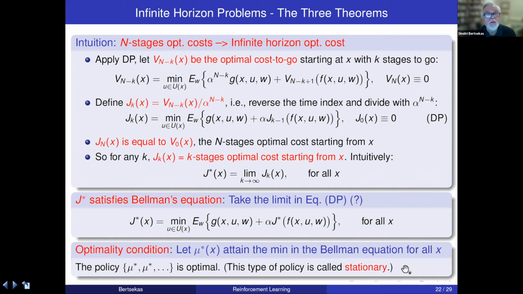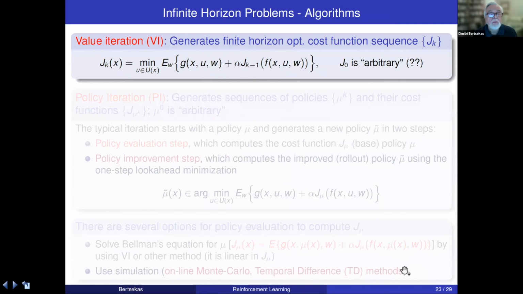And the theory of infinite horizon dynamic programming involves also two algorithms that are fundamental. The first algorithm is the value iteration algorithm, which generates the finite horizon optimal costs one stage longer with every iteration.